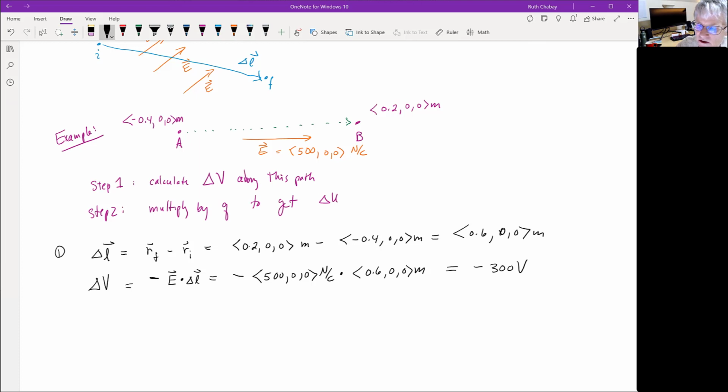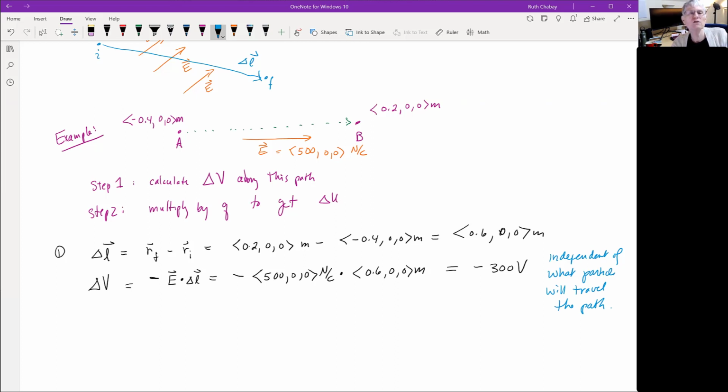And notice that this doesn't say anything about the sign of the particle traveling this path. This is independent of what particle will travel the path.